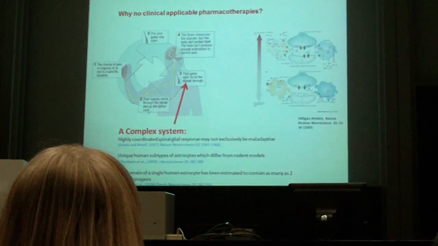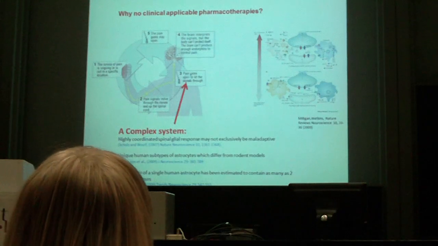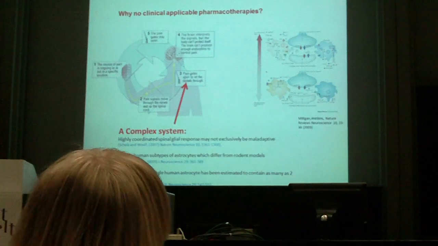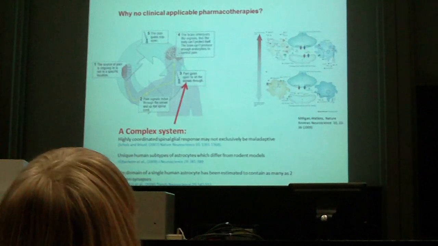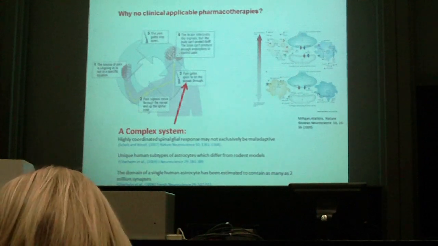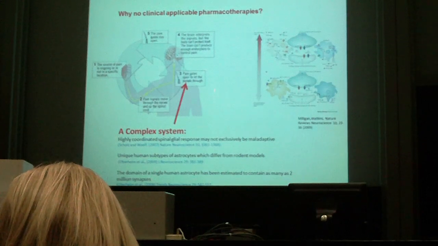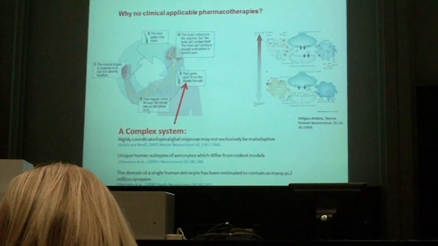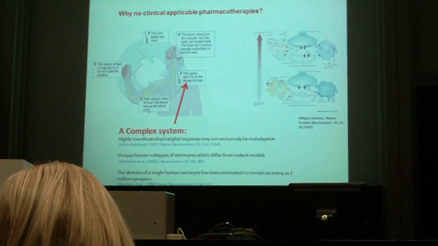I showed you details of the immune response, the microglia and the astroglial response. So it differs in place and in time, especially in time. Microglia early, astroglial late. But this immune response is also protective. It's known to be protective. It's not always necessarily bad and destructive.